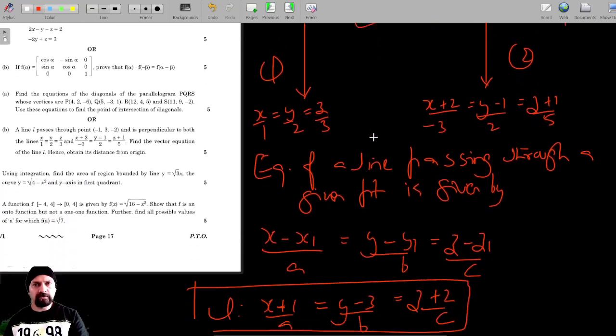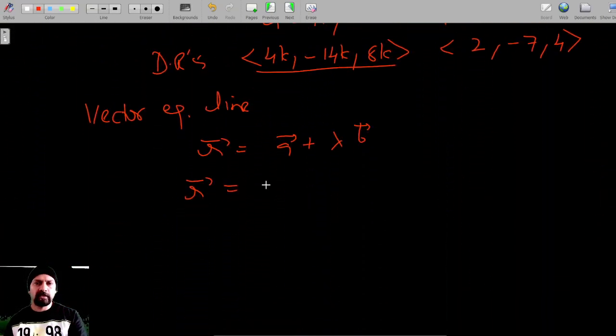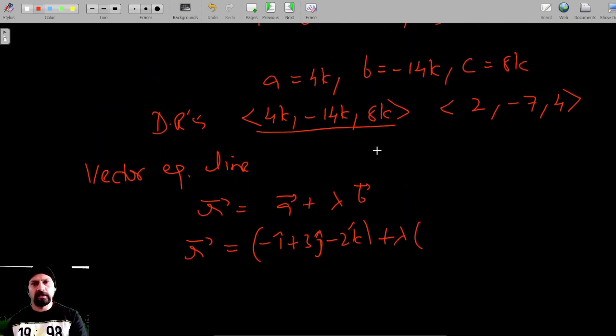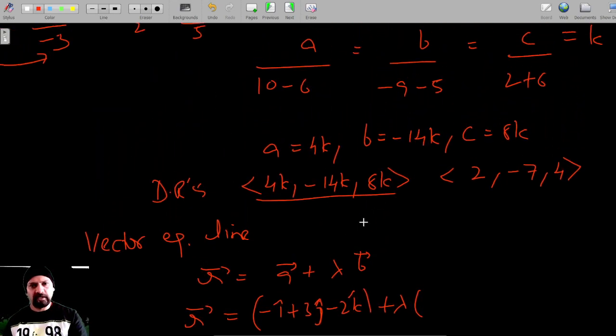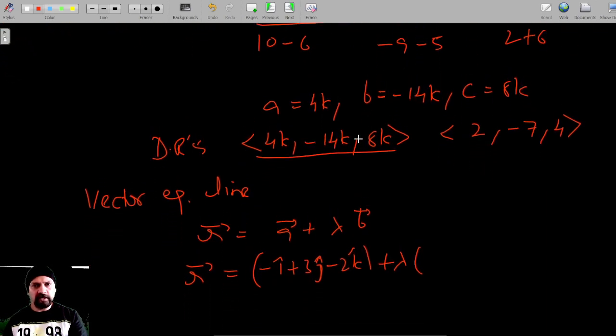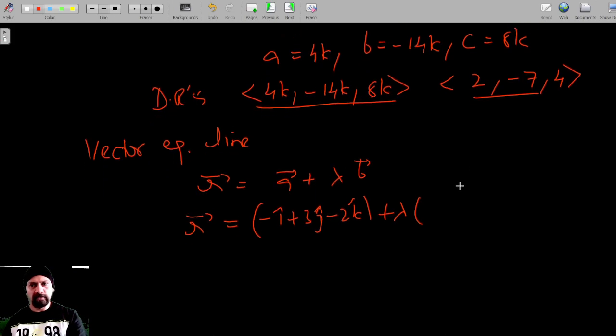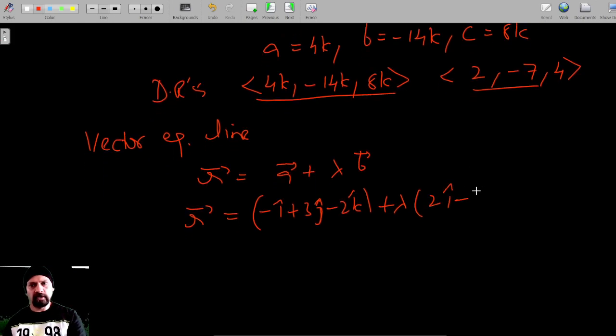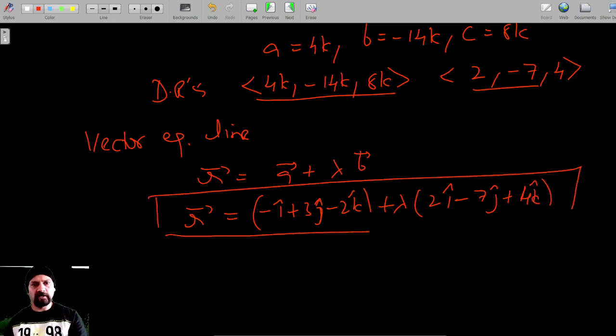So minus i cap plus 3j cap minus 2k cap plus lambda into b. The b vector is parallel to the given line L, and it has the direction ratios 2, minus 7, and 4. So this is 2i cap minus 7j cap plus 4k cap. So this is what was asked.